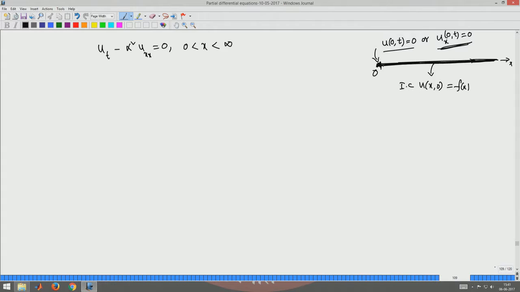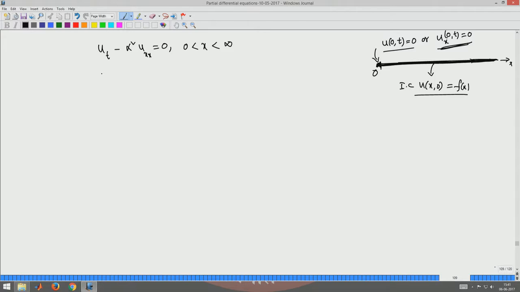Now instead of the string, you have a semi-infinite rod that is initially heated. At time 0 you have some temperature, and you want to see how the heat diffuses, that means how the temperature changes over time in this semi-infinite rod.